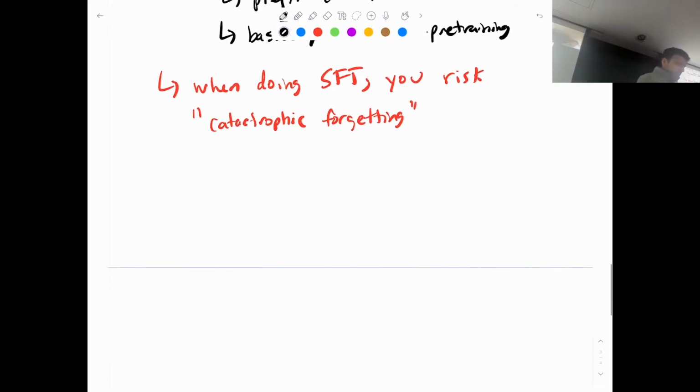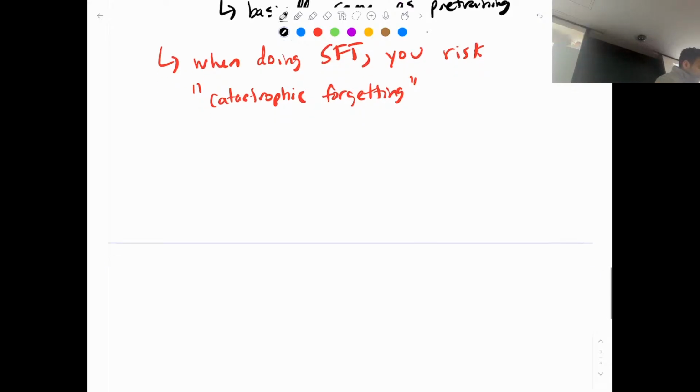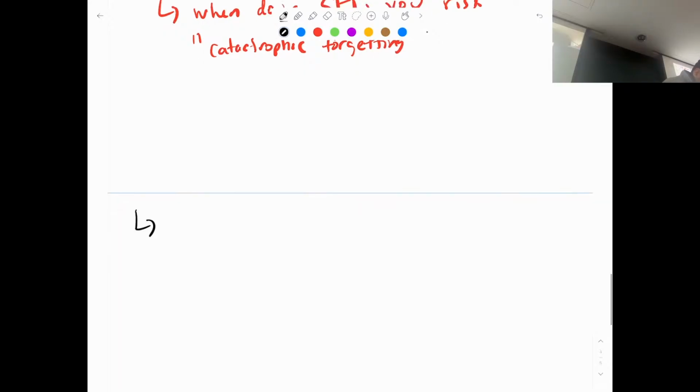Moving on, let's say we want our model to be a general purpose chatbot. So we want it to be good at a bunch of different tasks, not just one. This introduces the concept of instruction tuning.